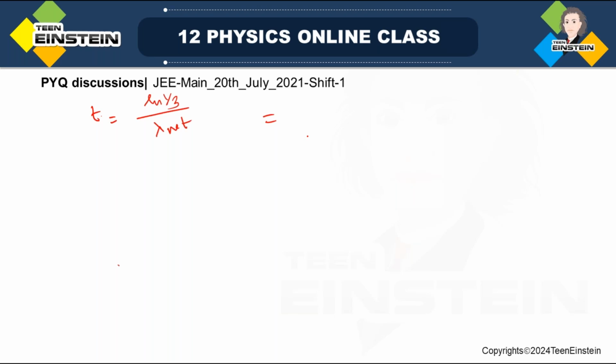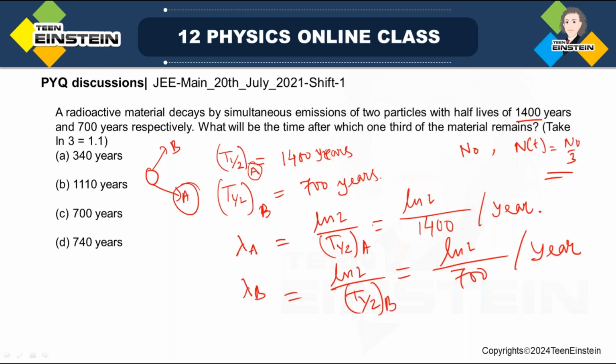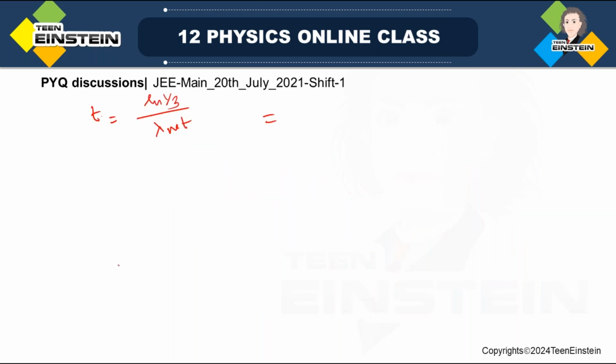The net value we had got is 3 ln2 divided by 1400, so this is ln 1/3 divided by 3 ln2 by 1400. This will be in years.